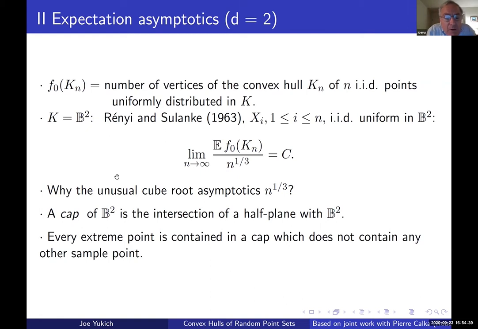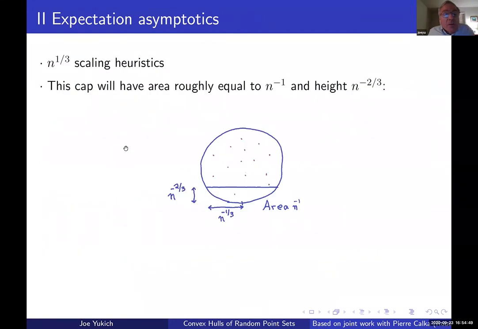So every extreme point can be isolated or contained in a cap which does not contain another sample point. And the picture looks something like this. Here's a point in the sample, and this point here is contained in a cap. And I claim that this cap has area roughly equal to 1/n, with n being the number of sample points.